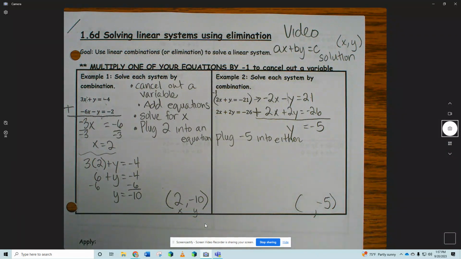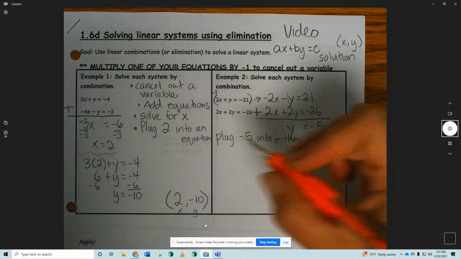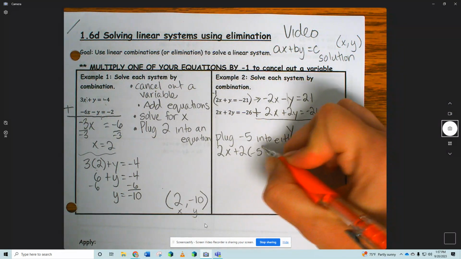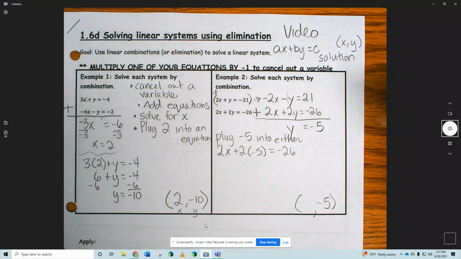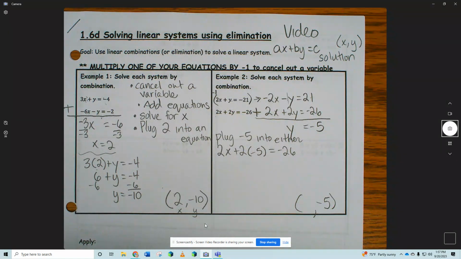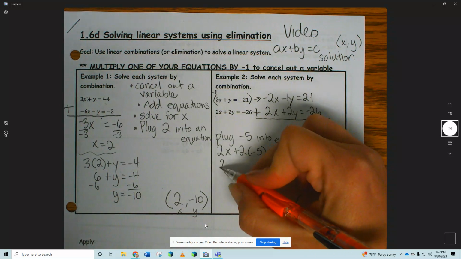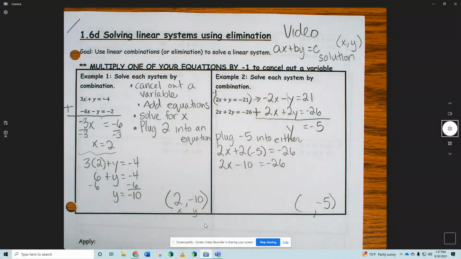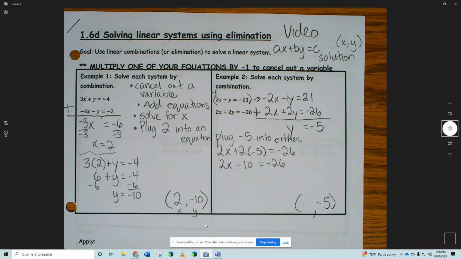I guess I'll do the bottom, because we did the top the first time. 2x plus 2 times -5 equals -26. 2x minus 10 equals -26. And solve it on your own. I know you know how.